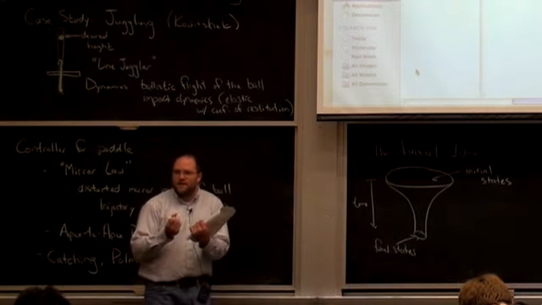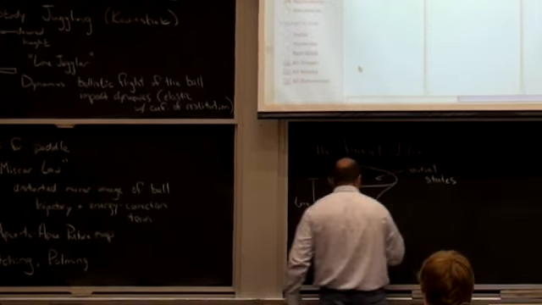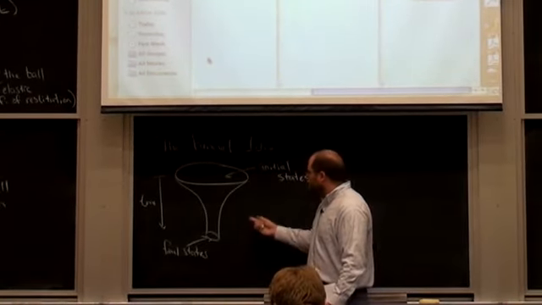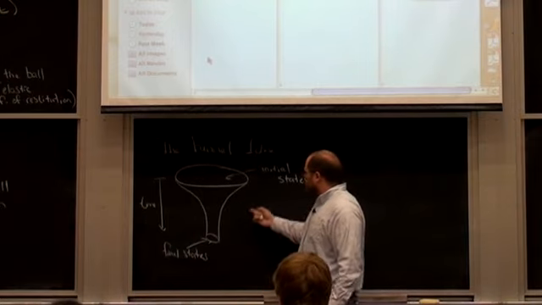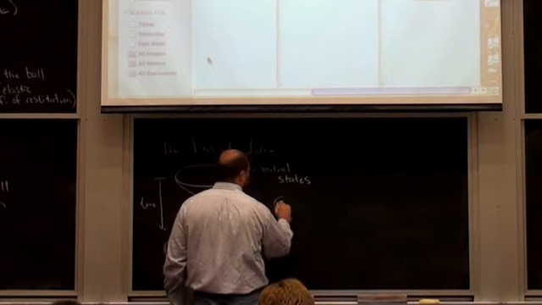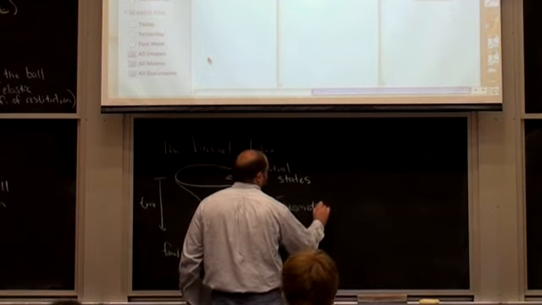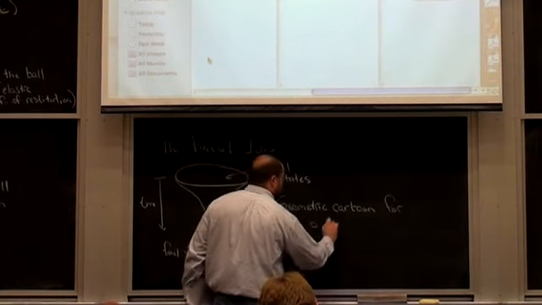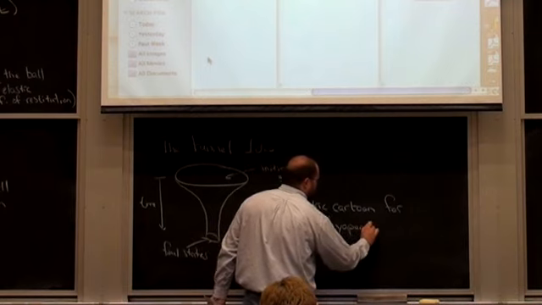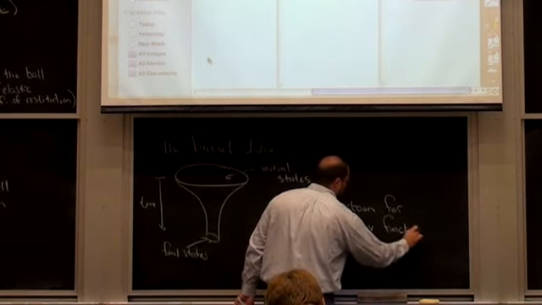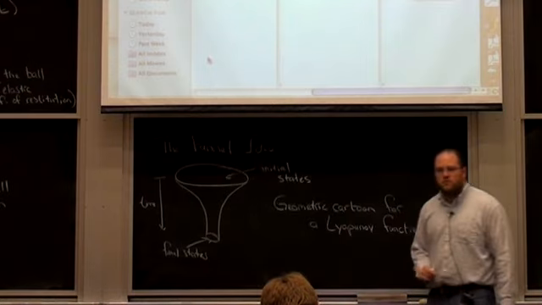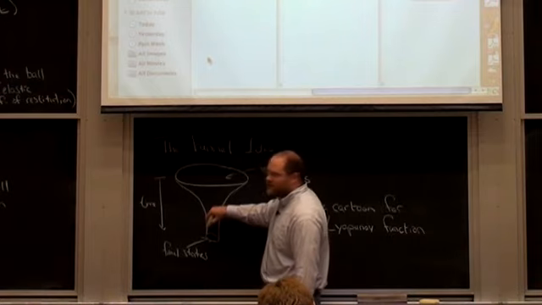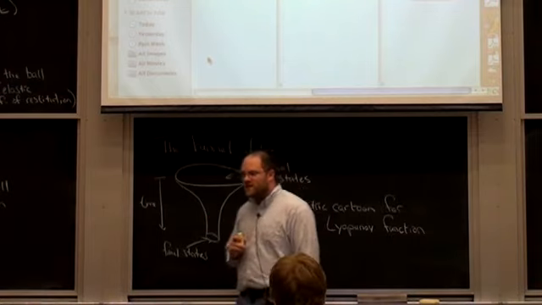And if my controller was any good, then hopefully the final states are a smaller region than the initial states, right? So in some sense, this is a geometric cartoon for a Lyapunov function. Right? Lyapunov functions take my state in and descend down and will put me in some other state. Okay?